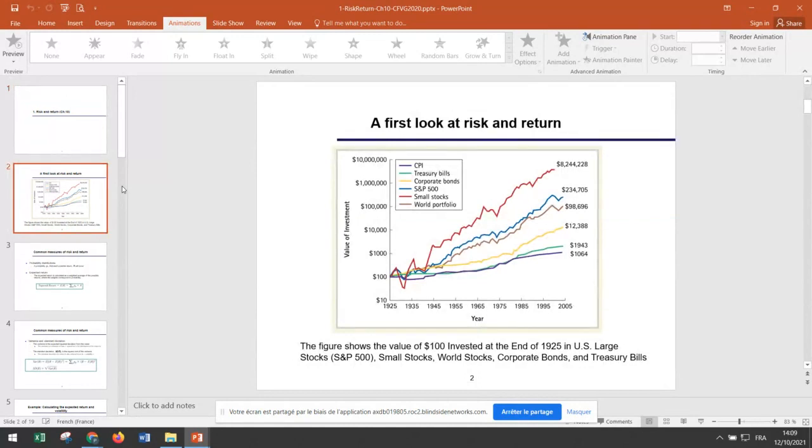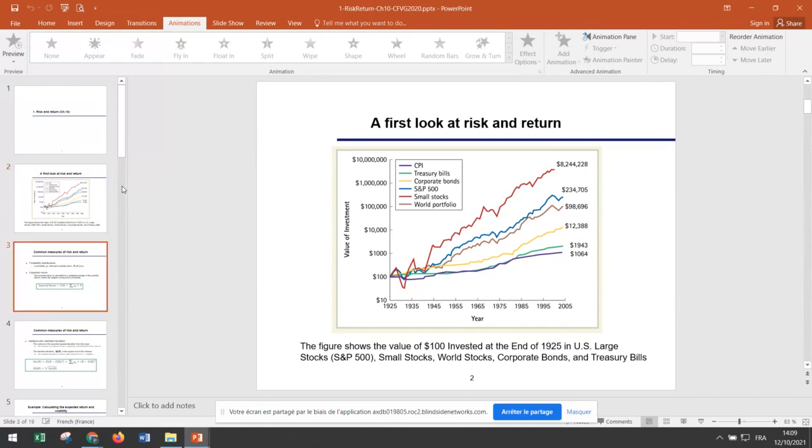The idea of the first part is to introduce how we measure the return, how we measure the risk, how we measure expected returns, and how we measure the different types of risk, so that you can price your risky assets. There are several types of risky assets, as you can see here. It can be stocks, low market cap stocks, corporate bonds, T-bills, and so on and so forth.